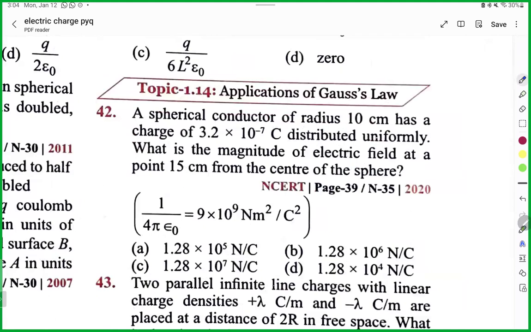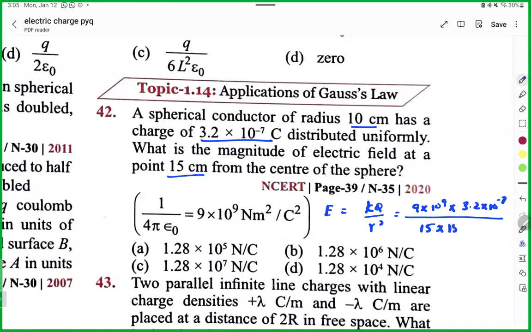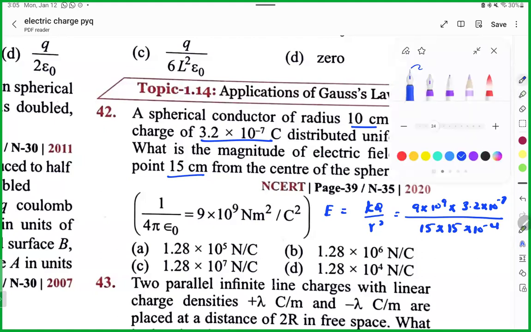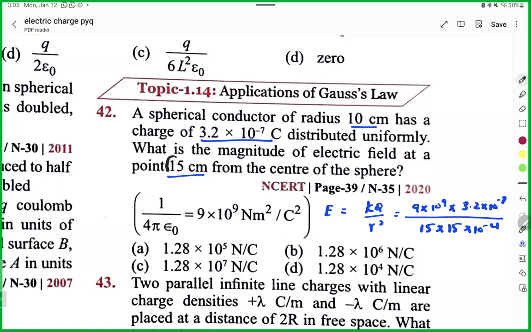Sarah, a spherical conductor with this radius and this charge uniformly distributed. Find the electric field at 15 centimeter. You have to consider only the outside distance, the inner distance does not matter.